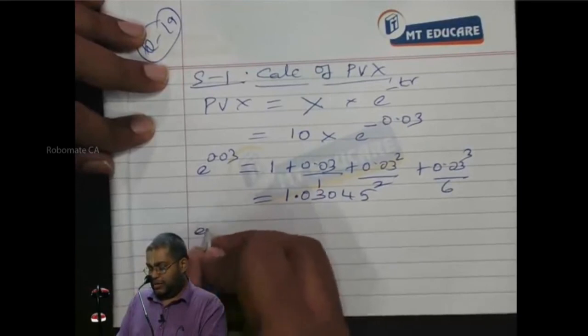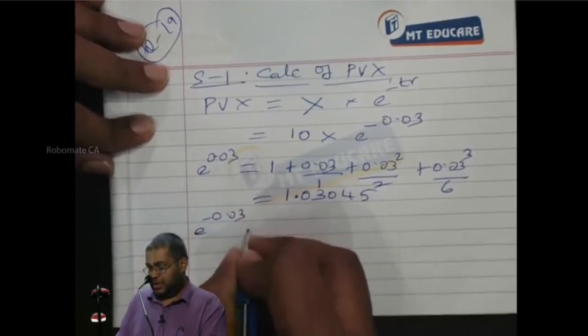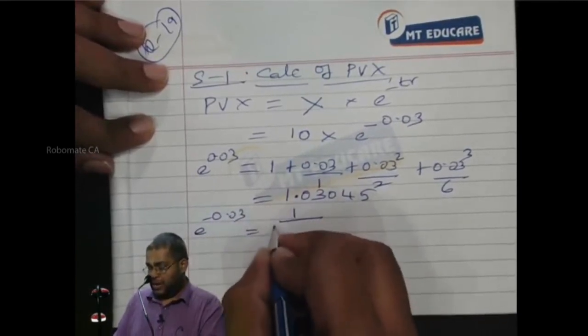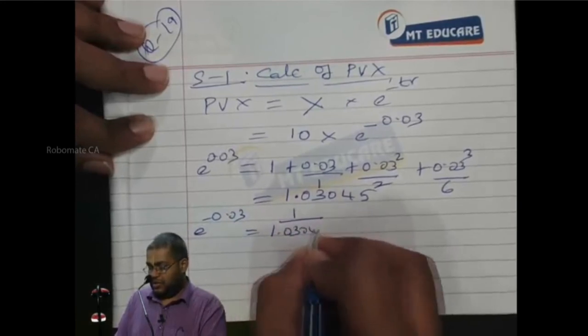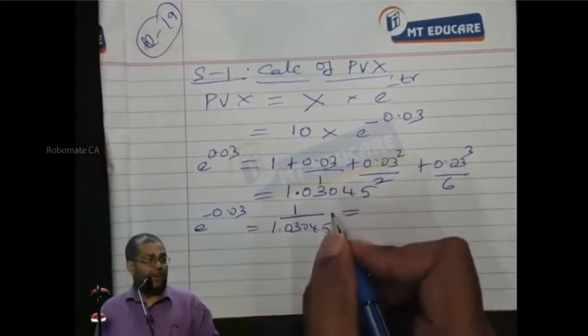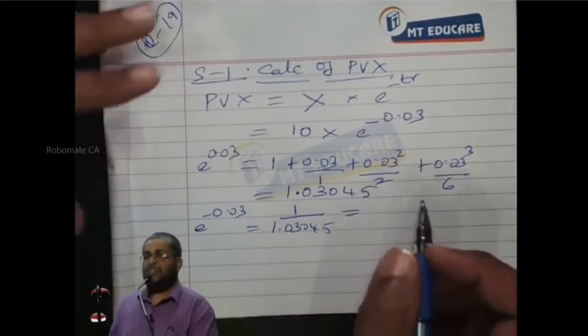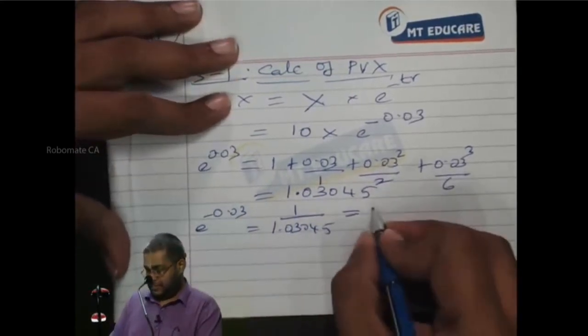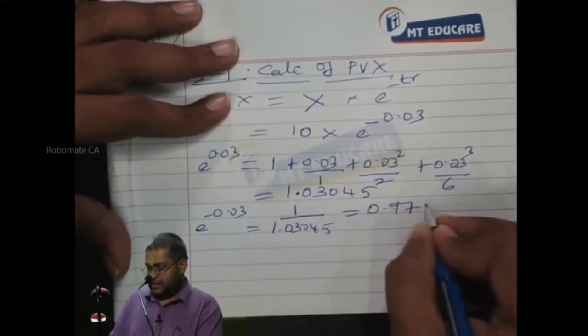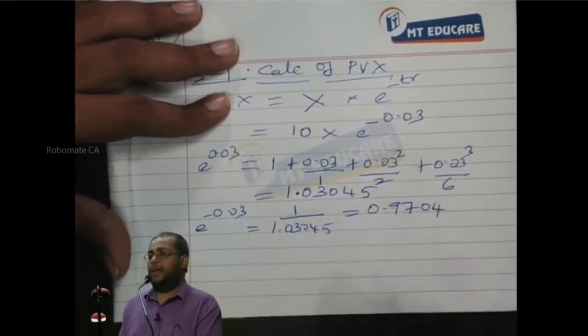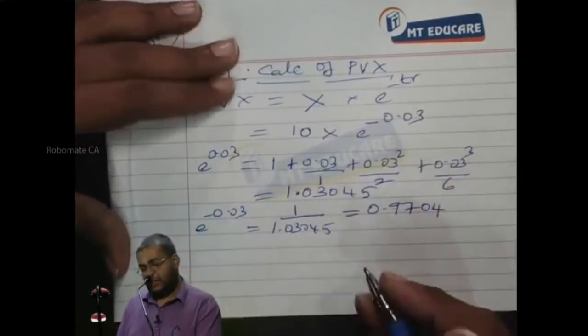I want e power minus 0.03, which is equal to 1 by 1.03045. Are you all following? Tell me the number. 0.9704.